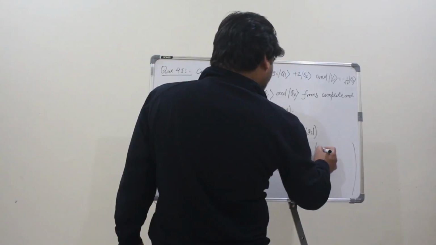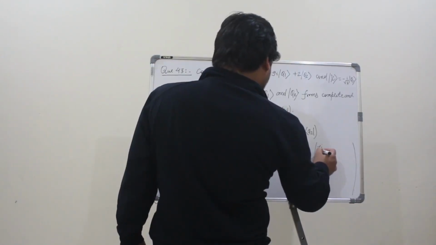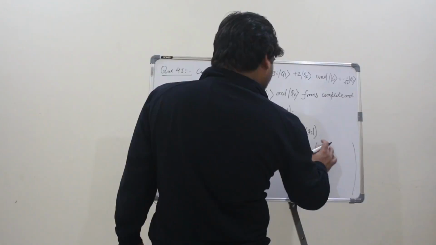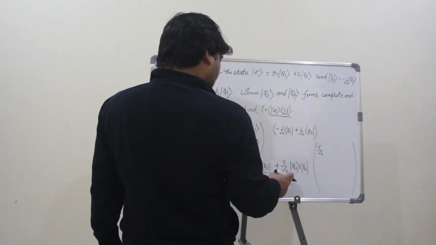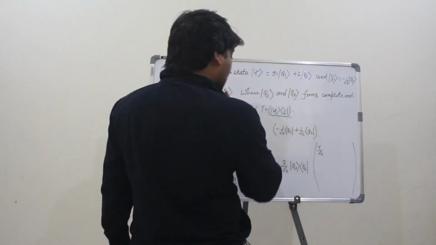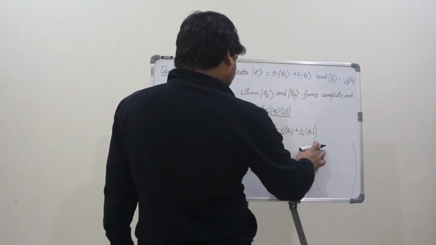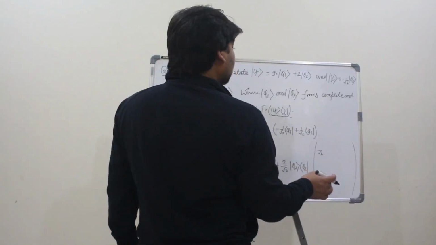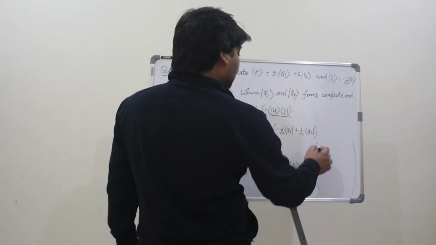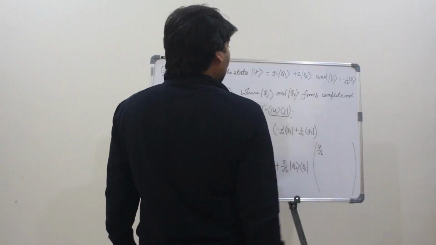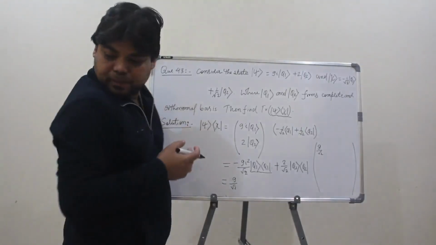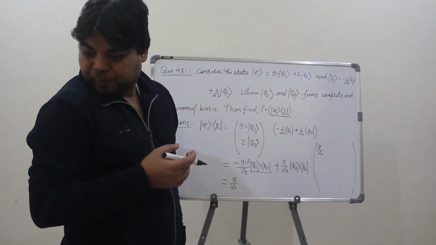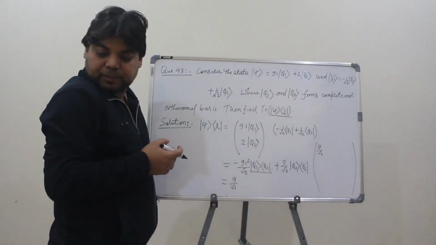minus 7 divided by root 2, and this gives you 9i, and this, right?